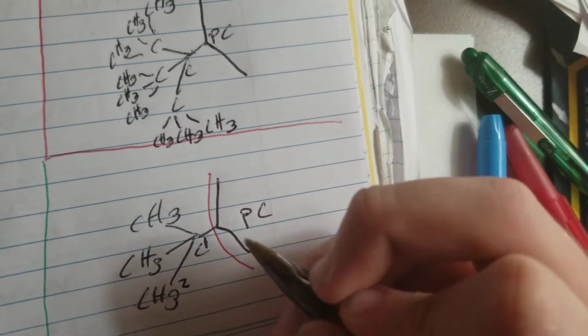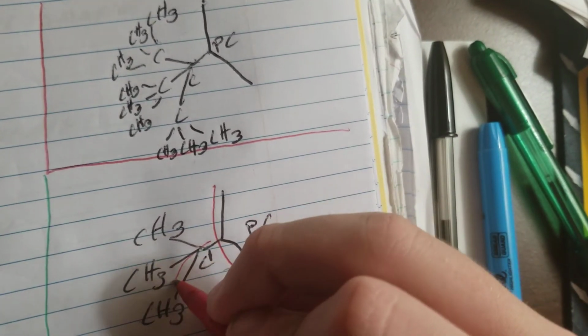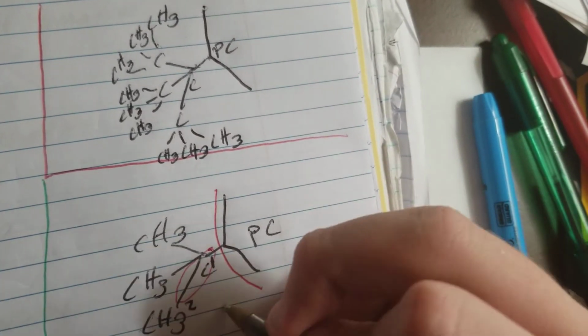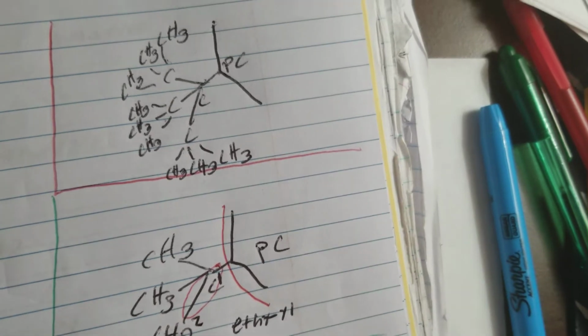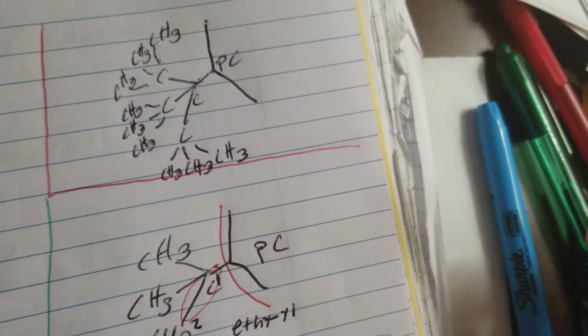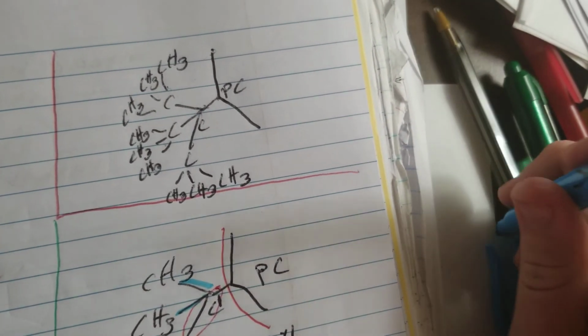So we can have 2 be here. So we want to circle that longest chain. So this parent will be eth, and then since it's a substituent, it will be ethyl. And we'll write that at the end later, because at 1 we have 2 methyl groups for the substituent.